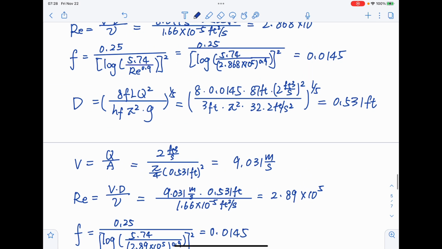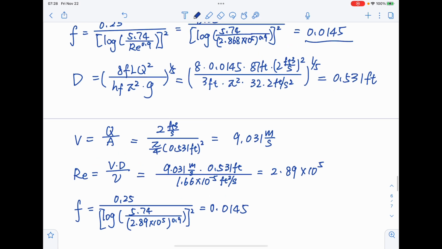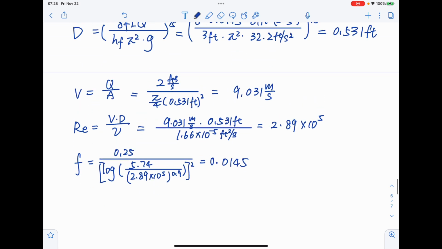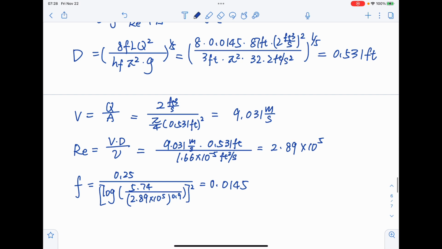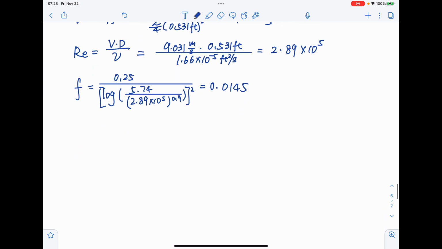Okay, so now we can see those two friction factors are the same, so we are pretty close to the final answer. So we can stop here. So D is 0.531 feet. And if we convert it to inch, it will be 6.372 inch.